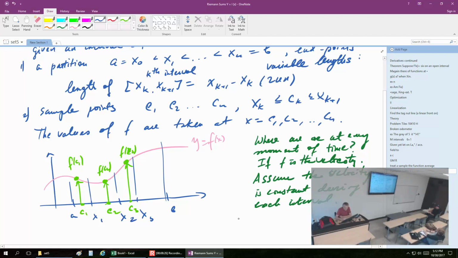So then the displacement is what is it? f of ck times delta xk, which I forgot to put here. Delta xk. Okay, so delta xk is the length of the corresponding intervals.